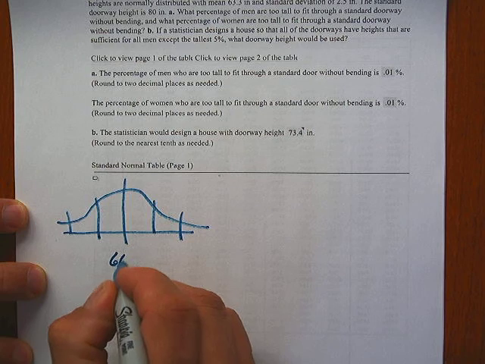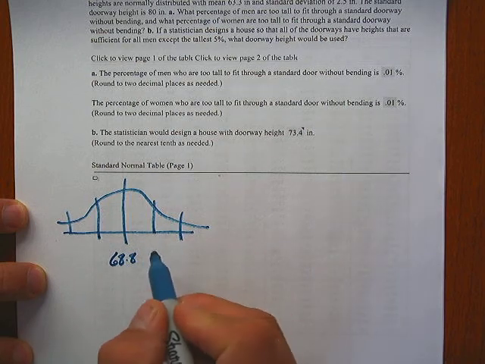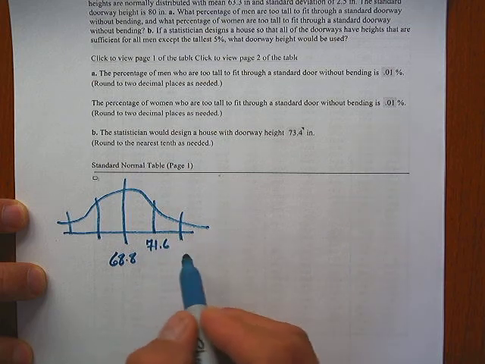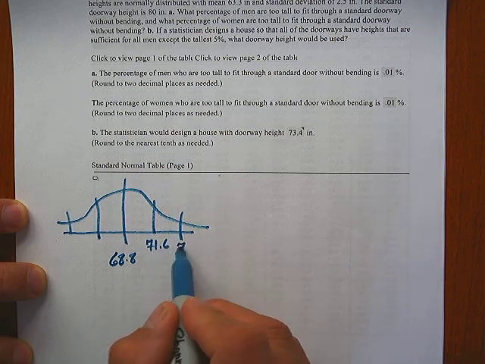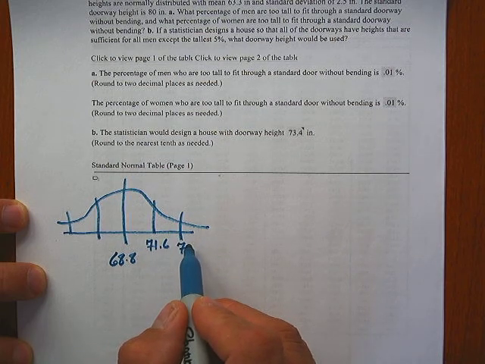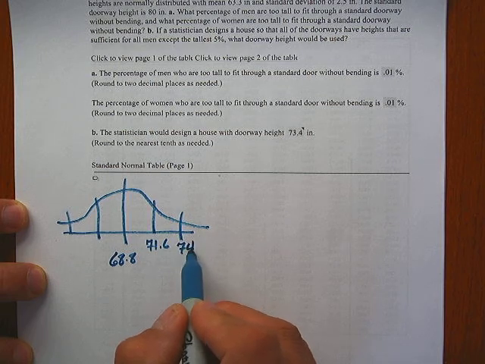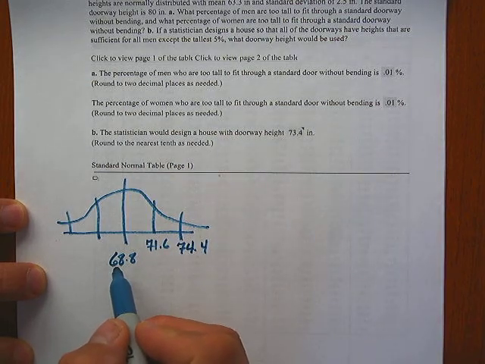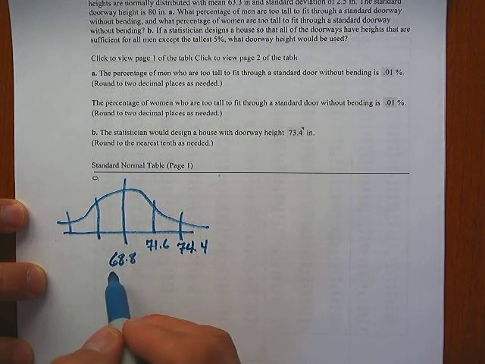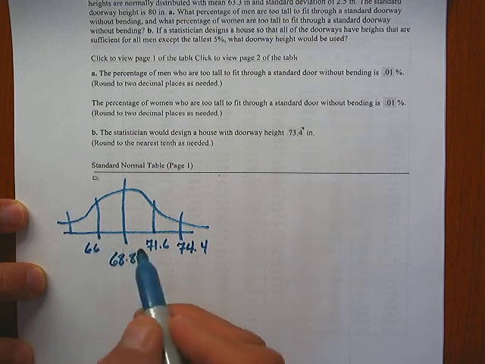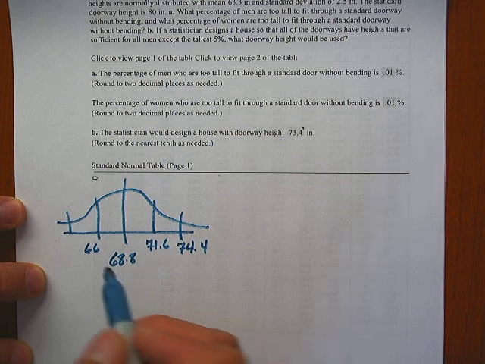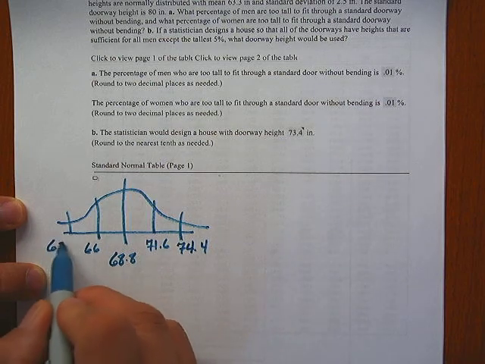So 68.8 plus 2.8 would be 71.6, and plus 2.8 would be 74.4. You just have to check my math. 68.8 minus 2.8 would be 66.